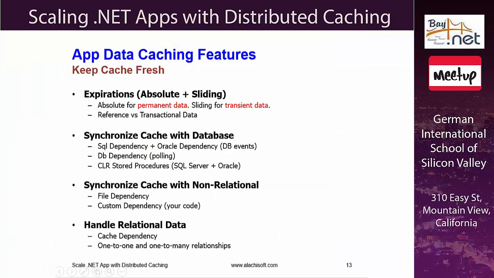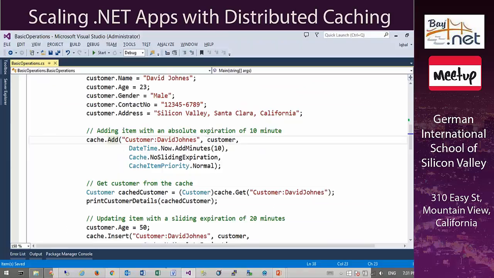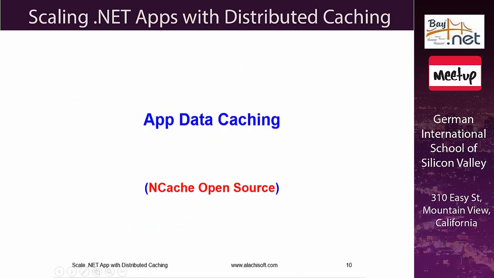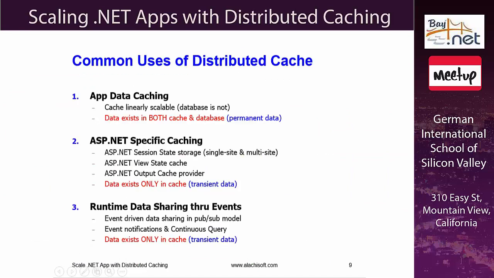The sliding expiration is another type of expiration, which is usually used for transient data. For example, when you've got your sessions, you want to keep the session as long as the user is logged in and reading and being active. Once the user logs out, no requests are coming for the session. So there's inactivity. Whenever you have inactivity, you want to say, if this much inactivity happens for this long, expire this thing.